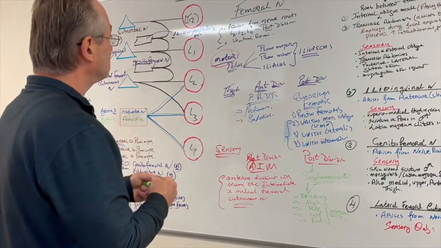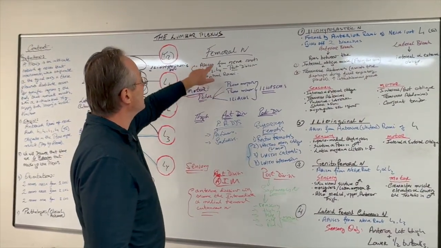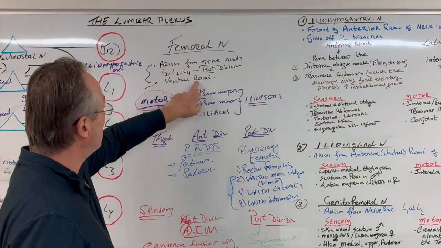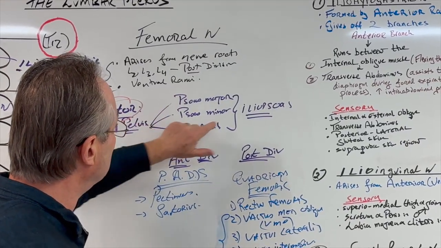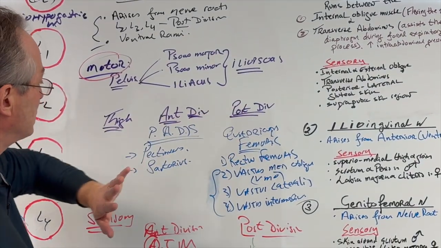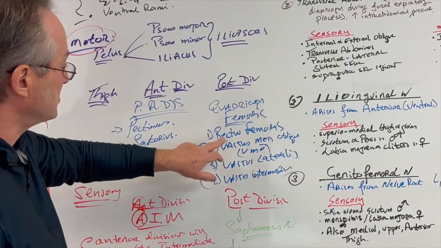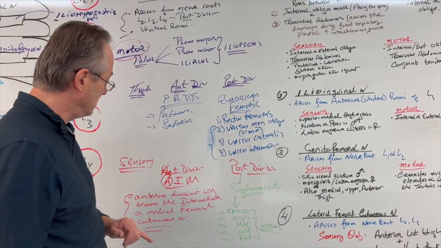So, let's step back real quick. Femoral nerve arises from nerve roots L2, L3, L4, posterior division. Ventral rami, motor of the pelvis, psoas major, minor, iliacus, collectively iliopsoas. The thigh, anterior, posterior division. Pads, pectineus sartorius. Quadriceps femoris, which includes the rectus femoris, vastus medialis, lateralis, intermedius.